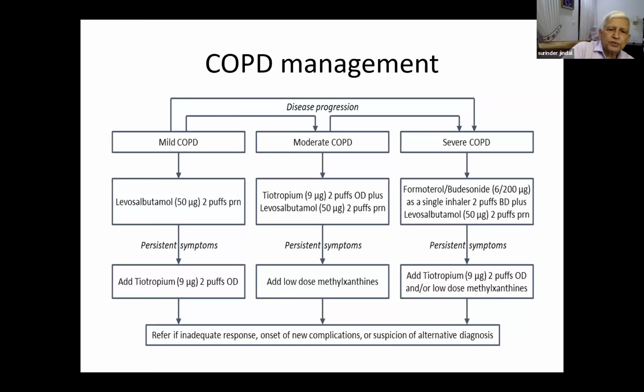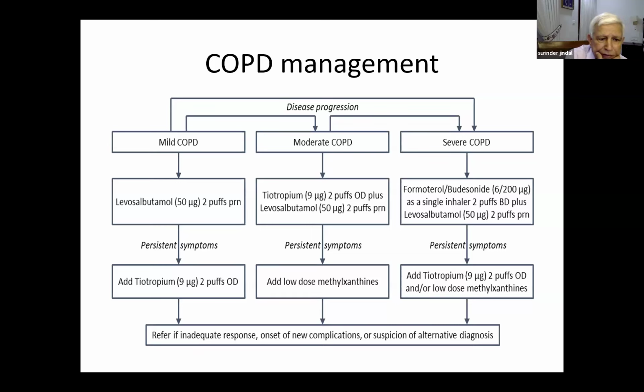So this is a summary of the pharmacotherapy, depending on mild, moderate, and severe COPD. If it is mild COPD, as one can see on the extreme left side, then simple symptomatic treatment like SABAs, levosalbutamol, etc., should be given, 2 puffs immediately, and SOS as and when required.